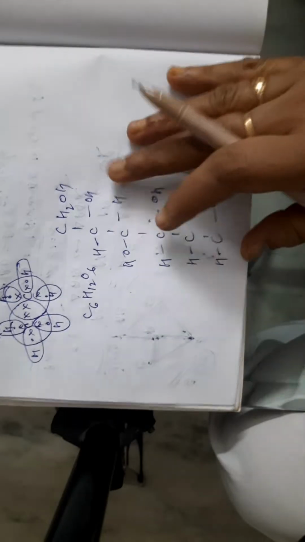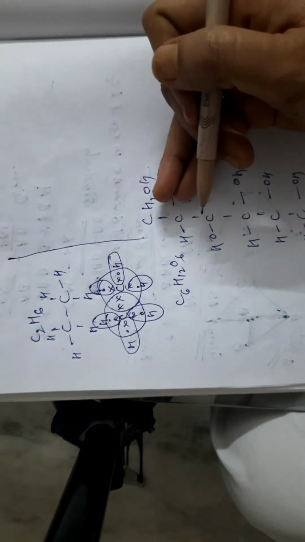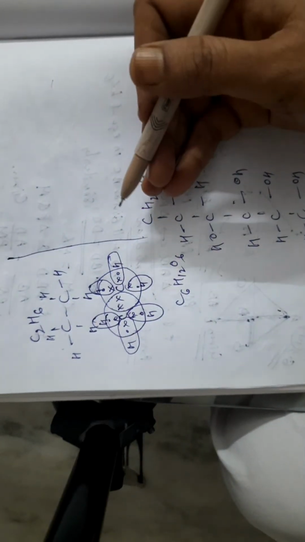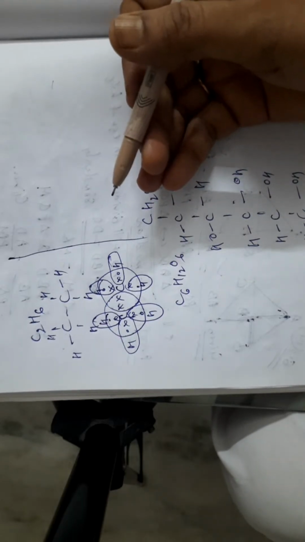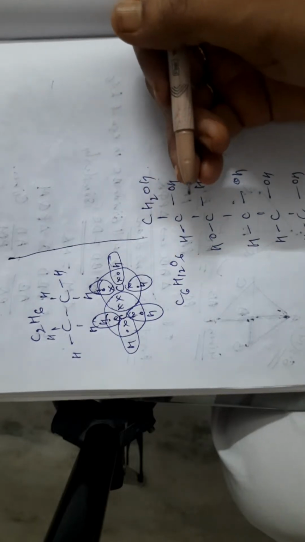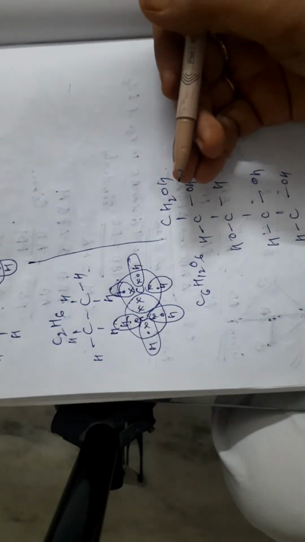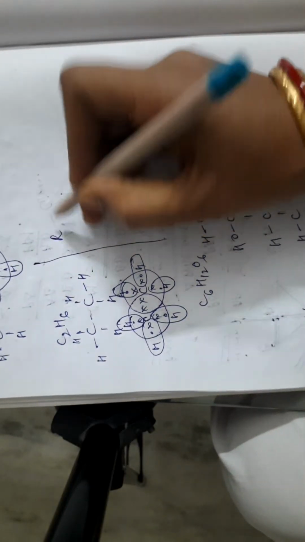Okay, next, after electron dot structure, what are the properties of carbon compounds? The main ones they explained are ethanol and ethanoic acid. So you need to write about their physical property and chemical property. And here the most important reaction is hydrogenation. What is hydrogenation reaction?